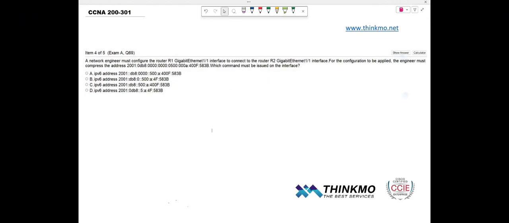It's just that the network engineer must, as he said, configure this router R1. The interface E0/1, interface 1.1, connects to R2's E1/1 interface. And for this interface, in order to apply the configuration, the engineer must compress the IPv6 address for it.